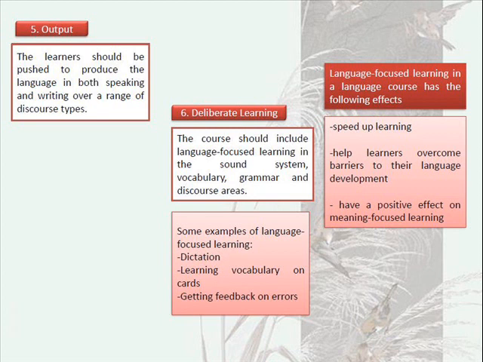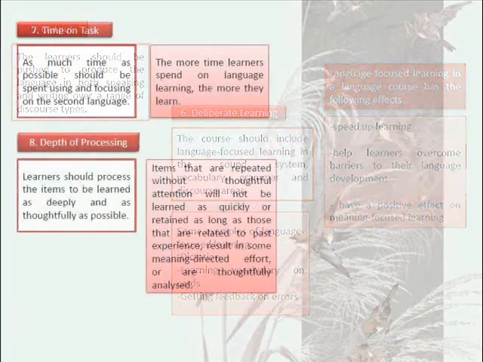Help learners overcome barriers to their language development. And the third, or the last one, is to have a positive effect on meaning-focused learning. And here are also some examples of language-focused learning: dictation, learning vocabulary on cards and also getting feedback on errors.